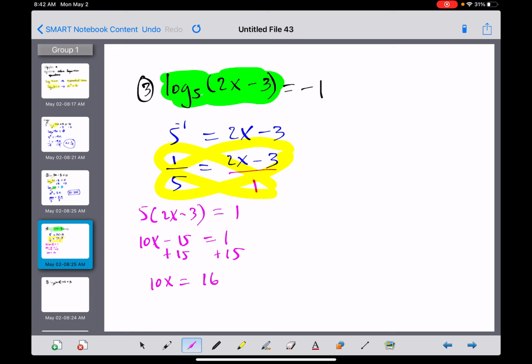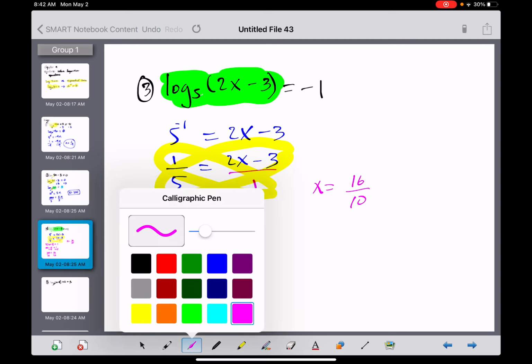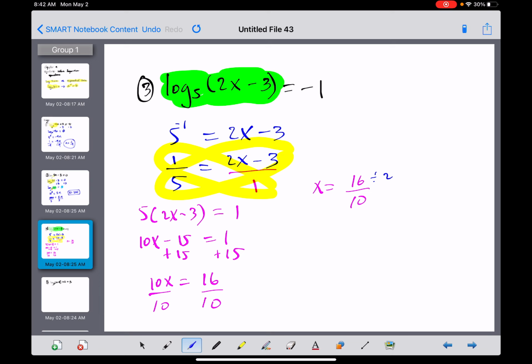That's equal to 16. And then divide both sides by 10. We have x equal to 16 over 10. This answer right here is still reducible by a 2. Then my final answer is 8 over 5. Okay, that's number 3.